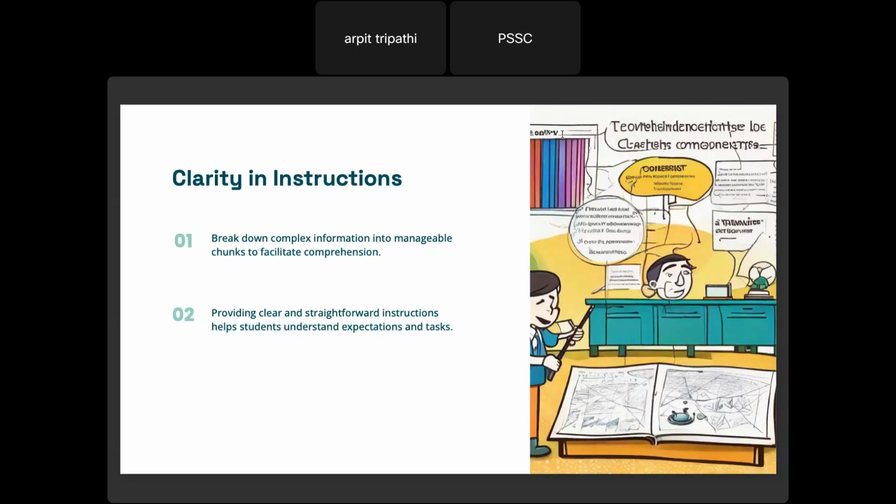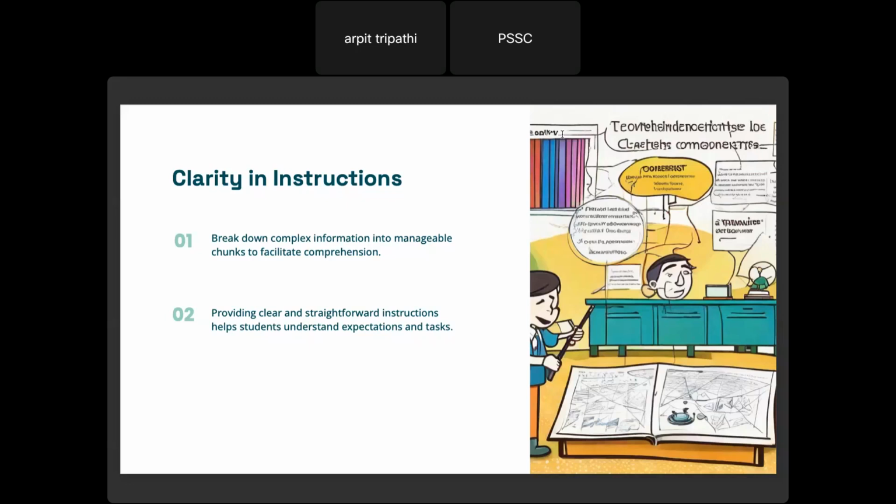Scaffolded learning can also help: scaffold the learning process by starting with simpler concepts and gradually building upon them to introduce more complex ideas. So this gradual progression helps students build a strong foundation of understanding before moving on to more advanced topics.